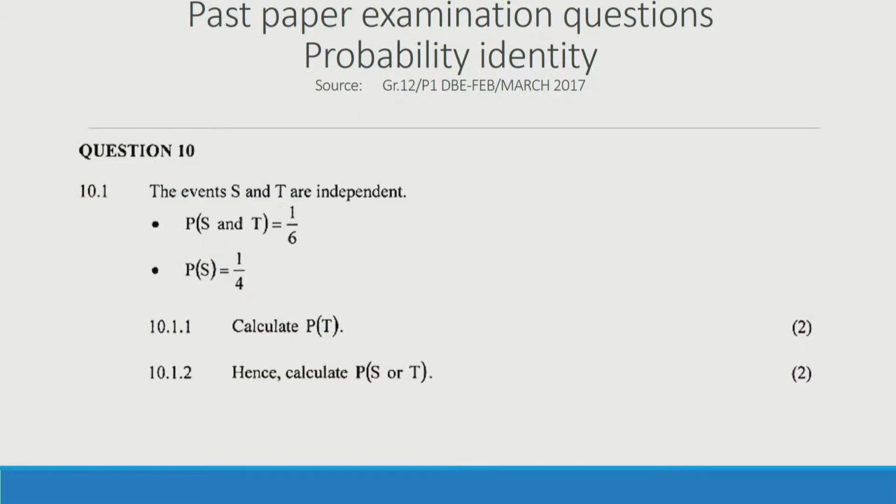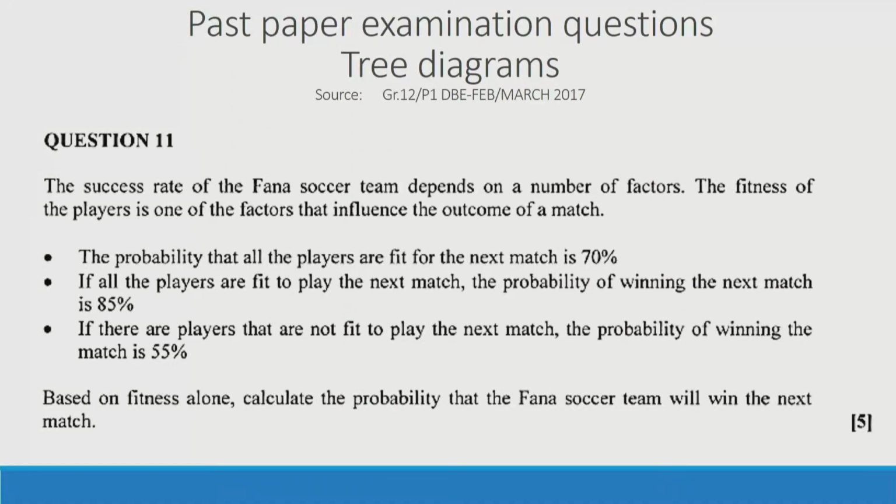Now I think we can move on to the second question that deals primarily with tree diagrams, which were taught quite extensively in grade 11. It says the following: the success rate of the Fana soccer team depends on a number of factors.